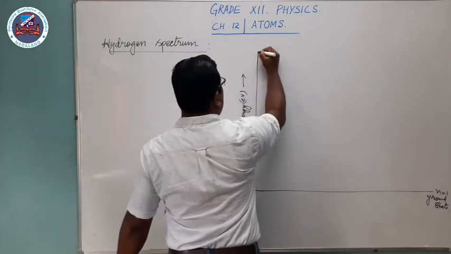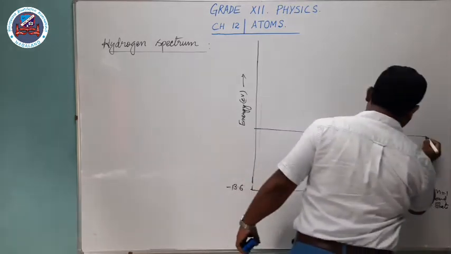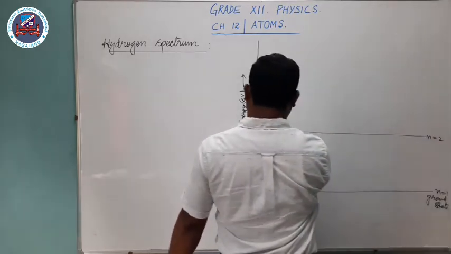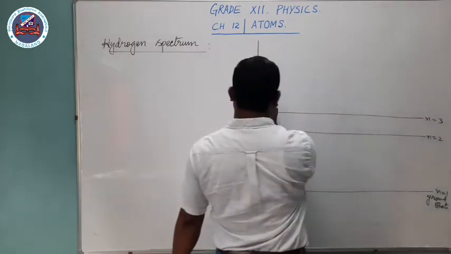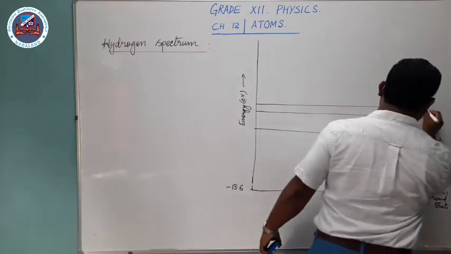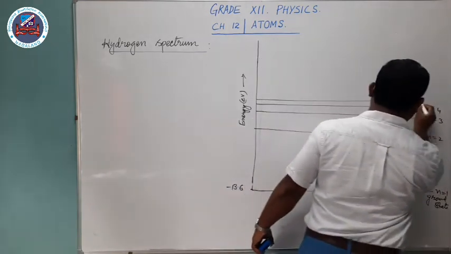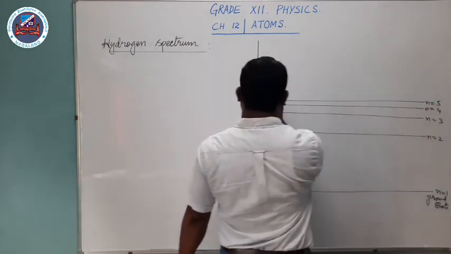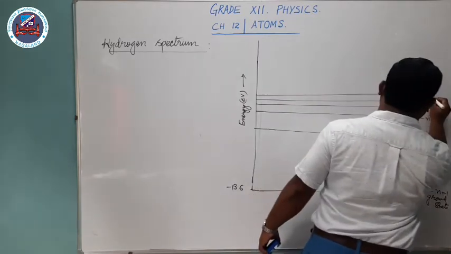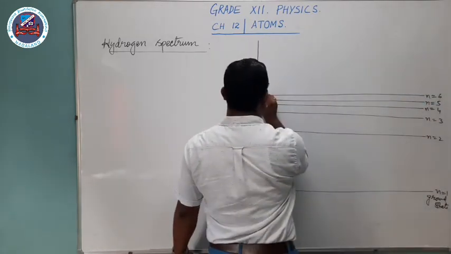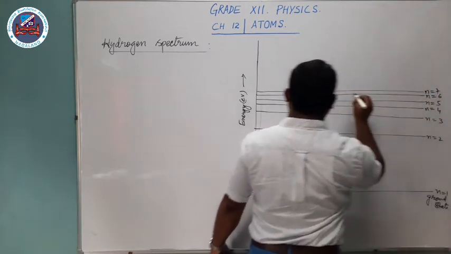So if we draw the states like this, n equal to 1 the ground state, then n equal to 2, n equal to 3, n equal to 4, n equal to 5, n equal to 6, n equal to 7, and so on.